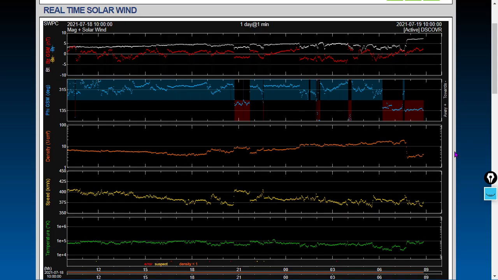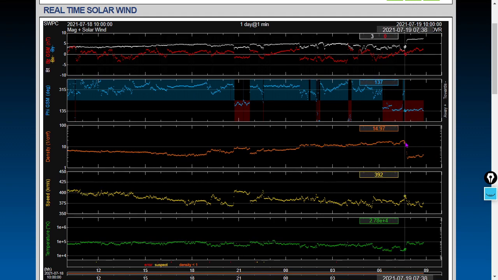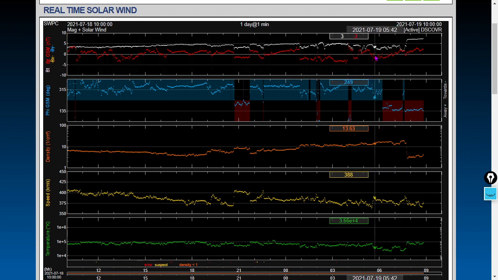We did see the density just recently drop off. So the density suddenly went from 17.4 protons per cubic centimeter all the way down to 3 protons per cubic centimeter. A precipitous dip in solar wind density. Also, we saw the BT and BZ.